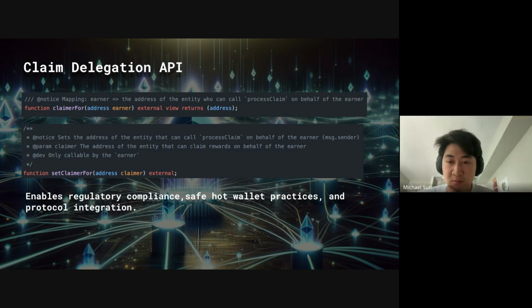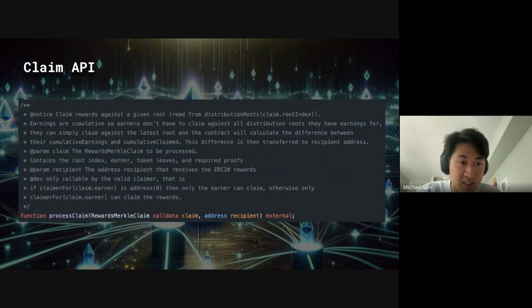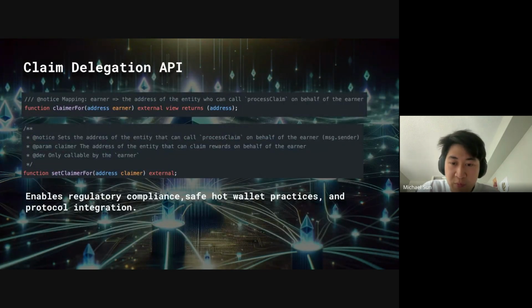Claim delegation. Going back to that interface of process claim, where operators and stakers can call to receive all of the rewards and send it to a recipient address. Stakers and operators can configure a specific, I don't want to call it a delegated address, because let's not confuse that with delegation on the core protocol, but they can set a permissioned address on their behalf to call process claim and claim all of their cumulative rewards.